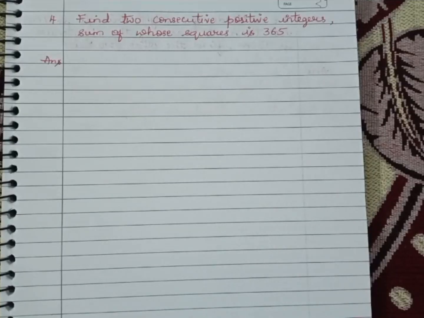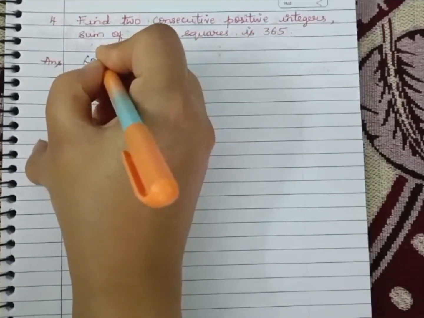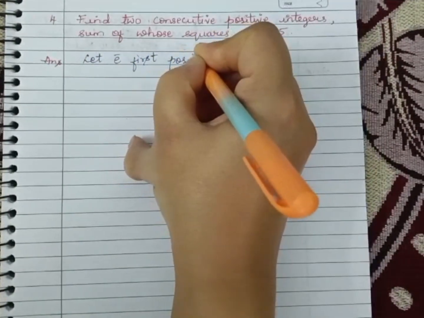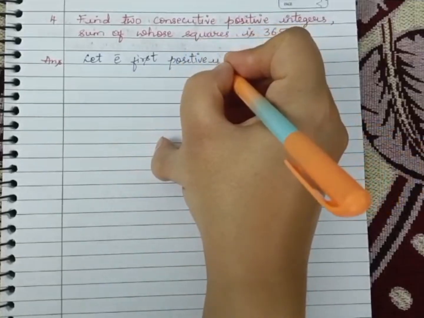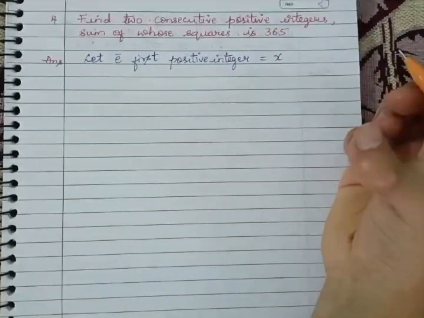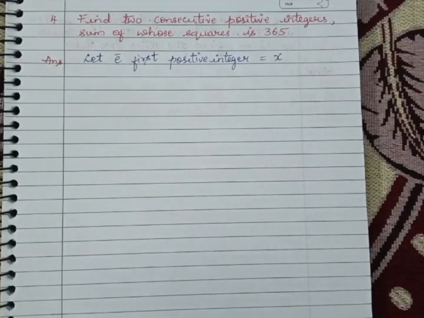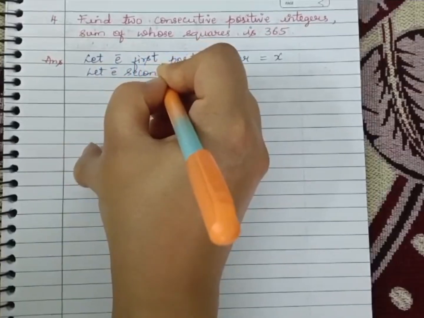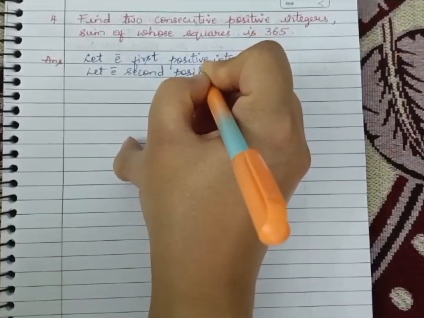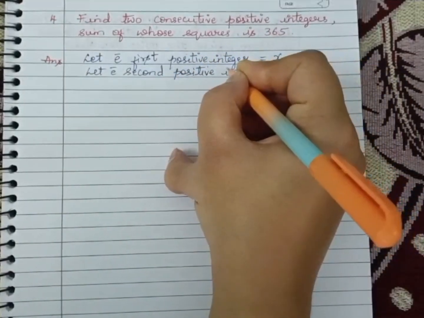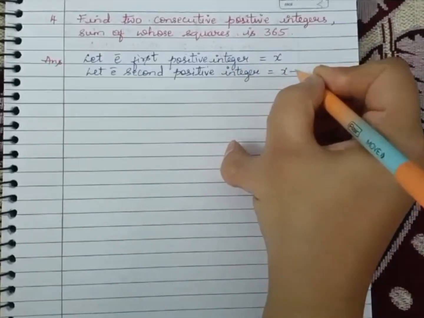Here, let the first positive integer be x and let the second positive integer be x plus 1.